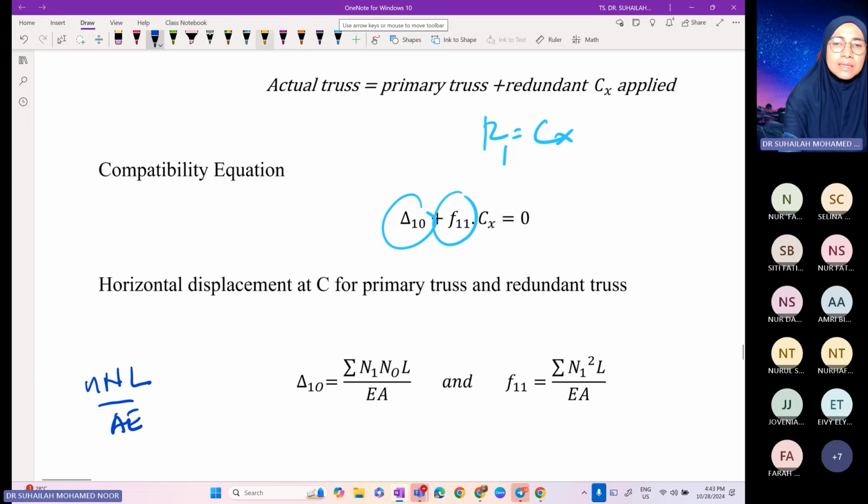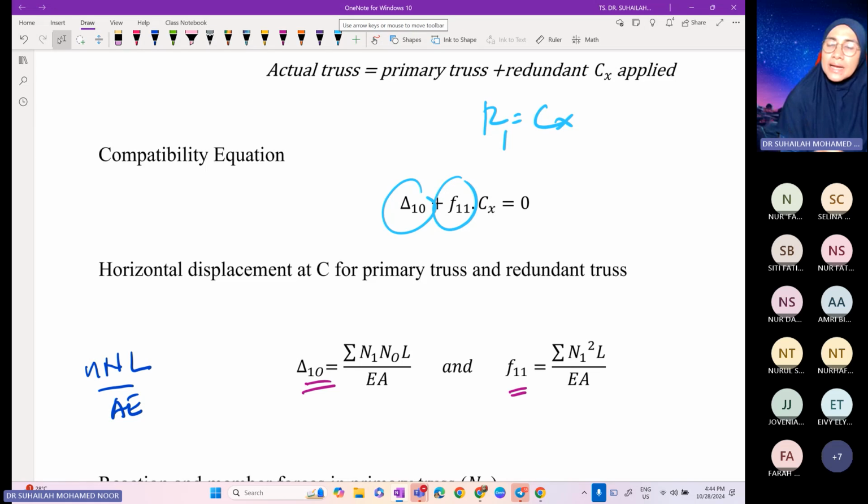The characteristic of the virtual system here is the redundant system. And capital N here is the real system, with the characteristic of the primary system. So it becomes N1 and N node, following the labels here. And then we have F11 equals N1 squared L over EA. So, this is the 2 displacement formula.